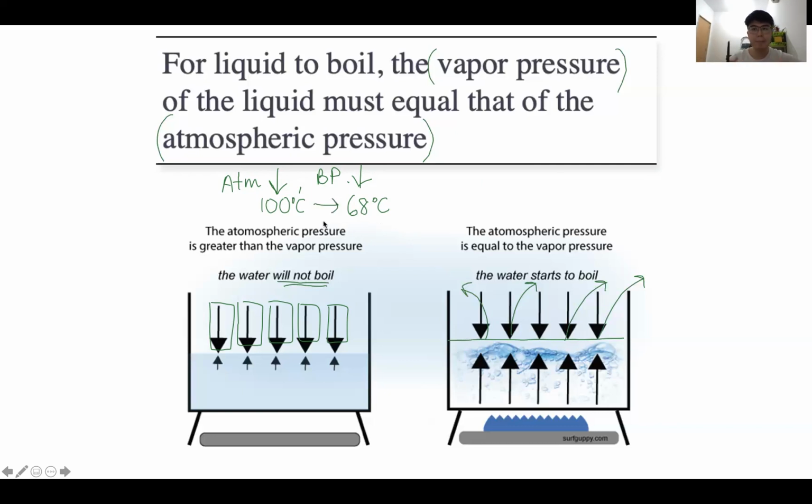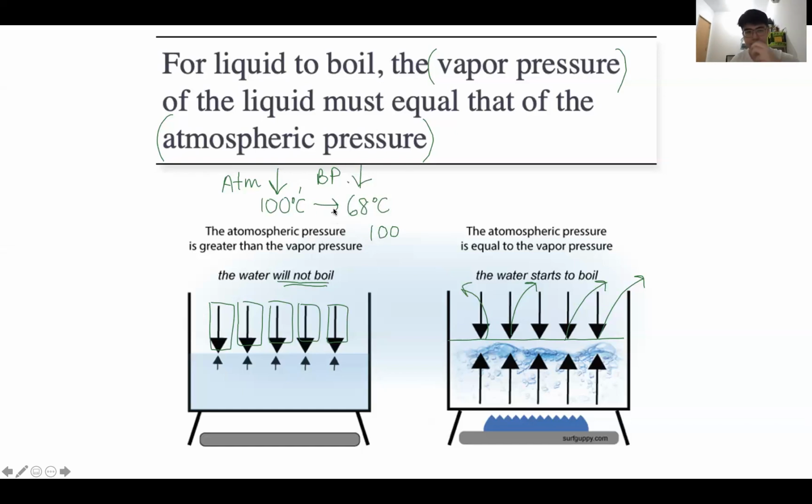So when you boil water up there, it's only 68 degrees Celsius. You touch it, it's not even that hot, but it has already started boiling, already started turning into gas. If you wait until 100, maybe the whole pot would be gone. No more water here.